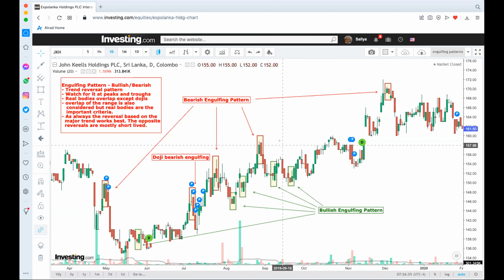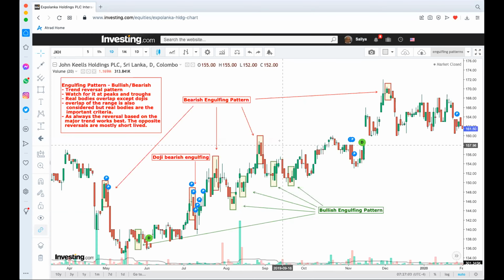Especially when you are trading or taking positions, when you want to accumulate on price weakness, or what is known as buying the dips. You can do buying the dips, but there again, you can make use of these bullish engulfing patterns if you want to buy the dip, right?